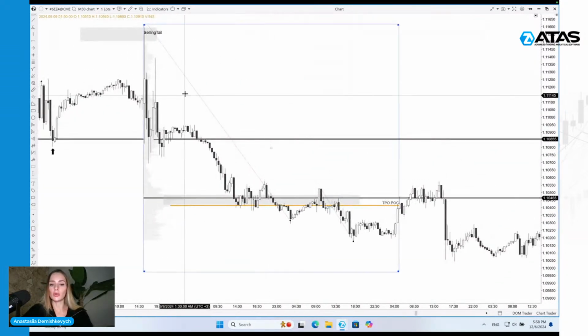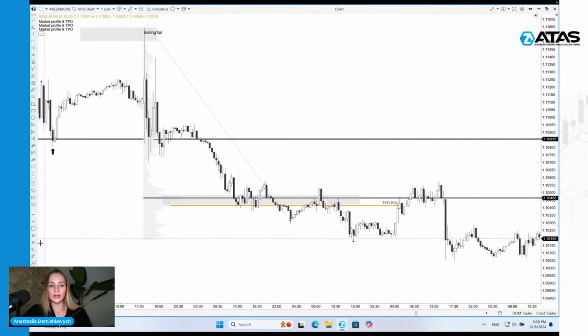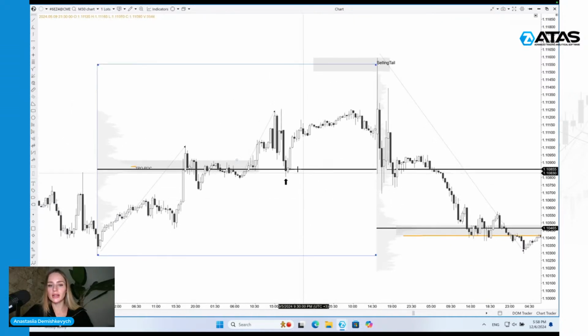If we are in the downtrend, when the price comes back to the high volume node, I'm going to be looking for a sell in this area. Now, I'm not going to be blindly opening sells or buys. Instead, I want to find confirmations on the footprint.